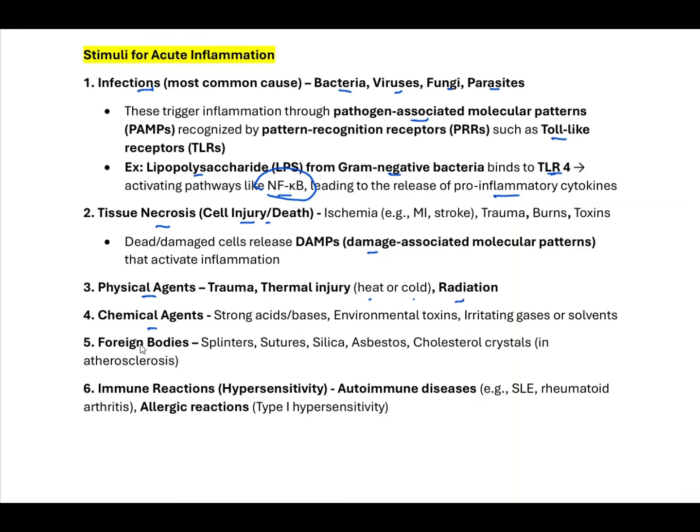Example like strong acids, bases, environmental toxins, irritating gas, or solvents. Next one there is foreign bodies. So like splinters, sutures, silica, asbestos, cholesterol crystals. So this could lead to acute inflammation. And the last one we have there is immune reaction, like hypersensitivity reaction, like autoimmune disease or allergic reactions. And all this, we're going to talk about in detail.